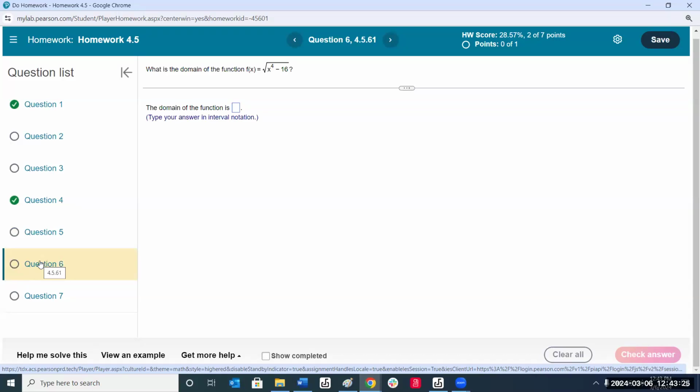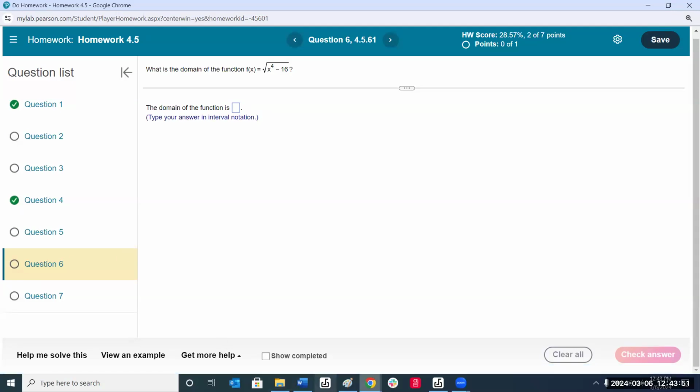Well, let's look at the domain of this function. What's the domain of this function? F of x equals the square root of x to the 4th minus 16.